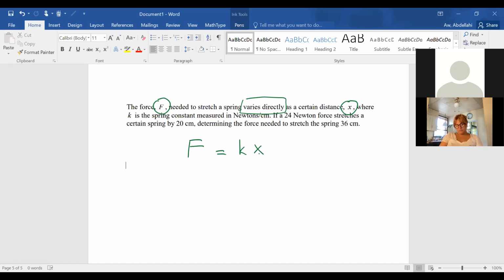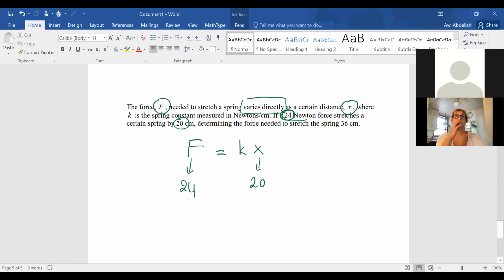That is a famous Newton law or something like that in physics. Okay, so now, 24 Newtons, Newton is a unit of force, right? A 24 force stretches a spring by 20 centimeters. 24 here is a value for F, the force, or for the distance? For F, right? And the X, the distance, is 20.